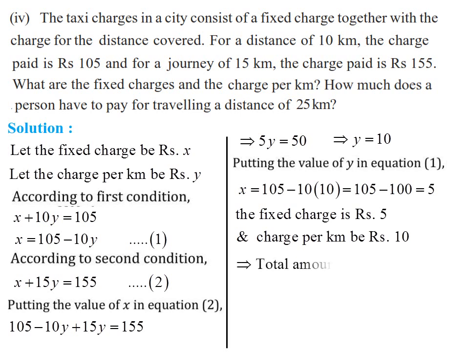Now again we have to find the total amount paid for 25 kilometers, which equals fixed charge 5 plus 25 into charge per kilometer 10. So it is 5 plus 250. Therefore it will become rupees 255. So the total charge is rupees 255.